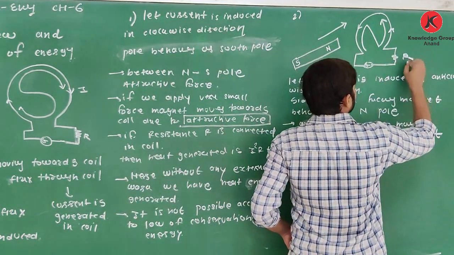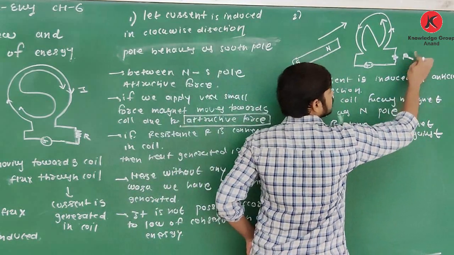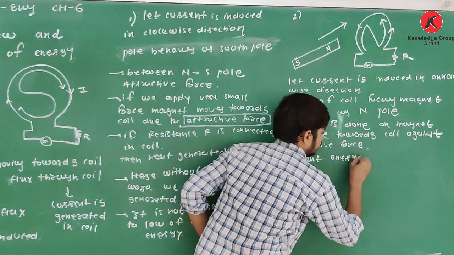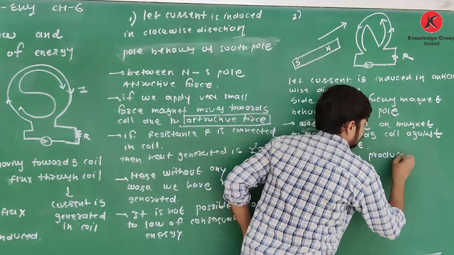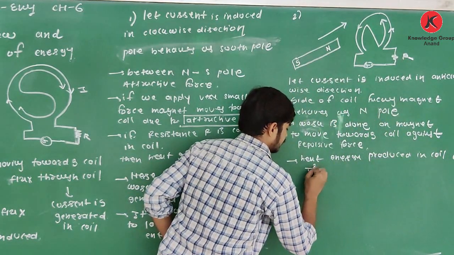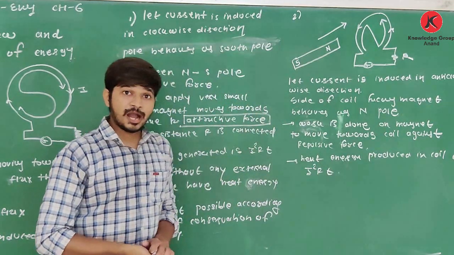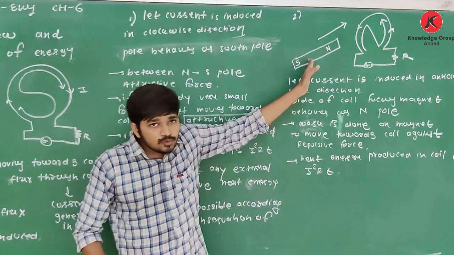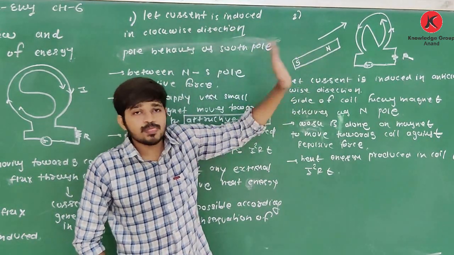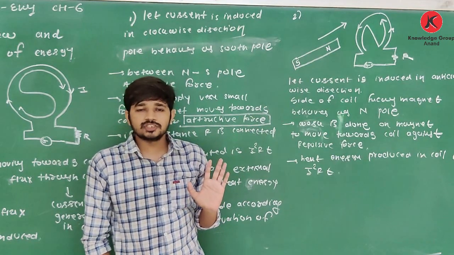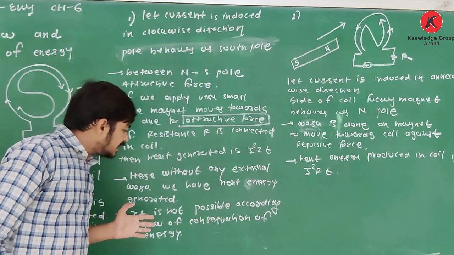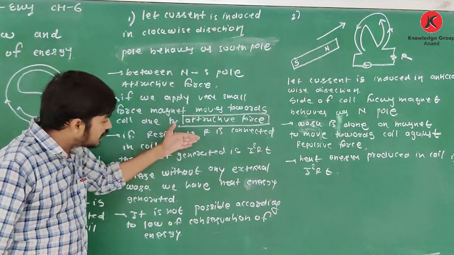So in this resistance, heat energy is produced in the coil, I squared R t. So we have done some work, and due to that work, that energy is produced. Earlier, without any work done, we got energy.